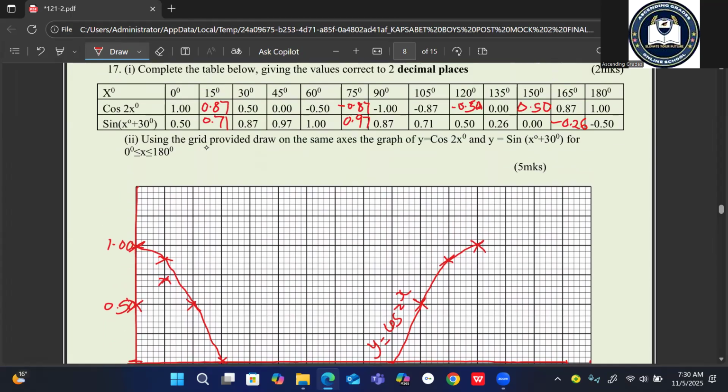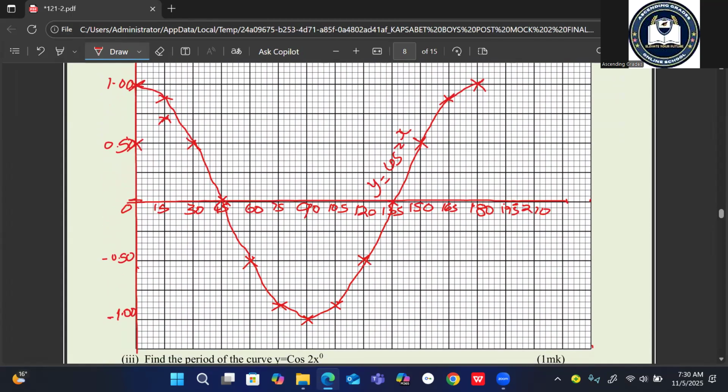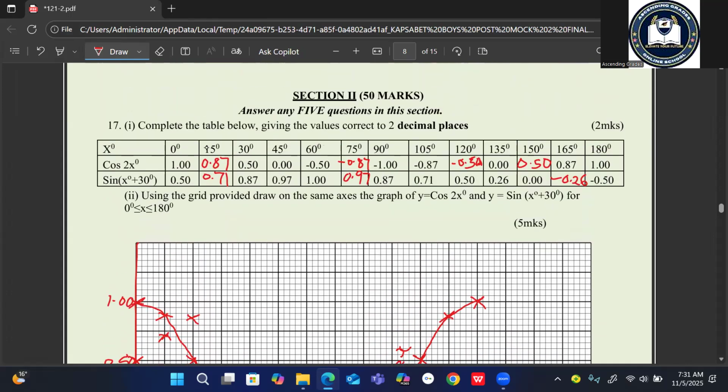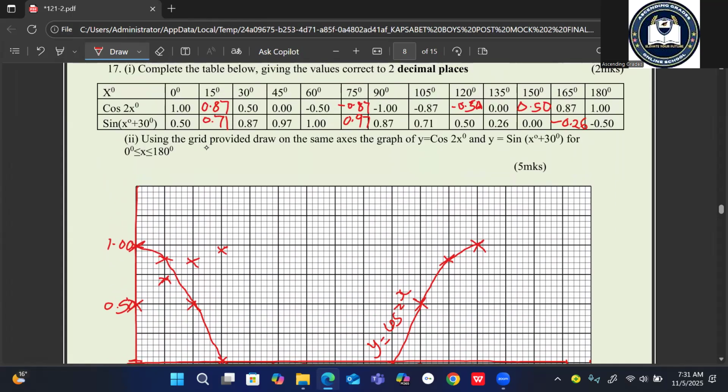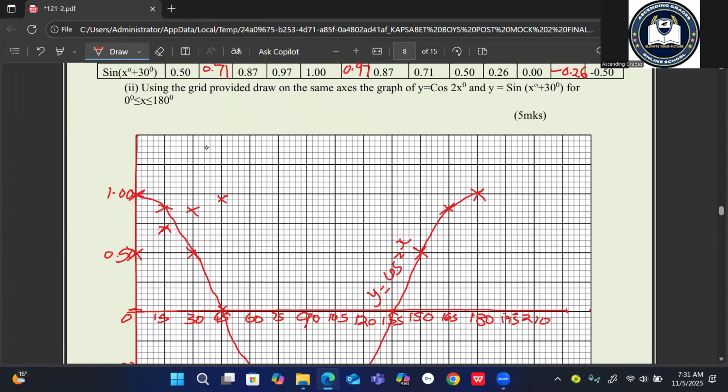Next one is 30, 0.87, has to be there. Next one we have 45, 0.97, has to be somewhere there. Then we have 60.